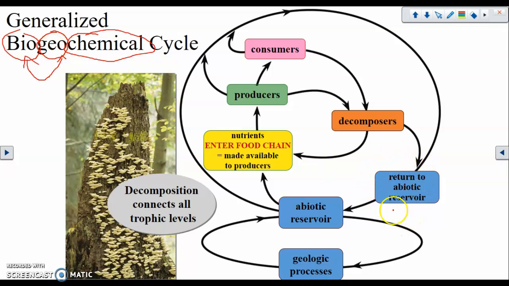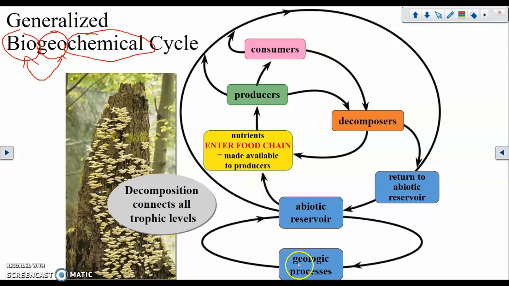So when we talk about abiotic reservoirs, we're talking about three main reservoirs. We're talking about the air, the soil or the crust or the mantle, however you want to think about land mass, and the third most important abiotic reservoir is water, so oceans, lakes, streams. There's a bunch of changes that occur in abiotic reservoirs, and anytime you see an arrow connecting pathways, all of those changes are chemical in nature.